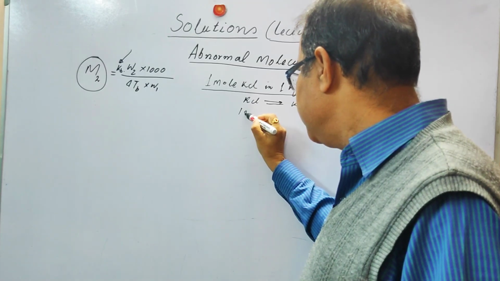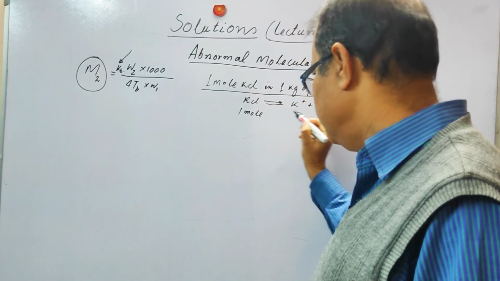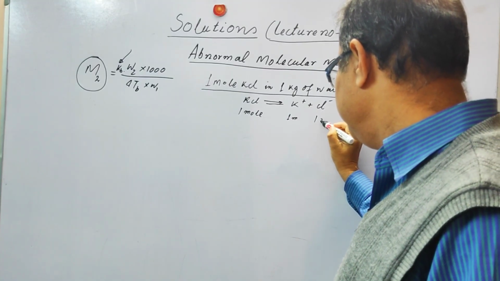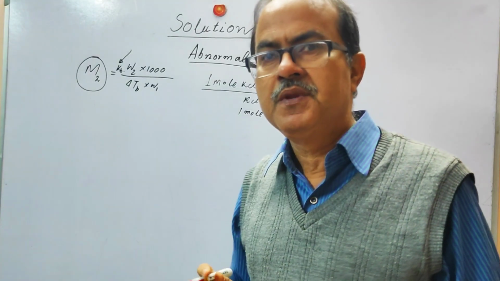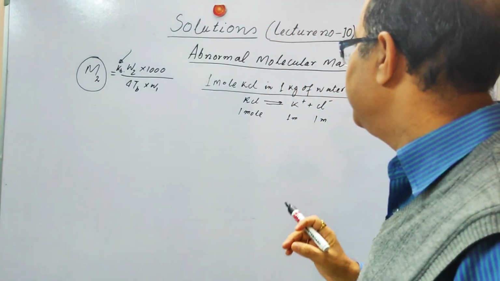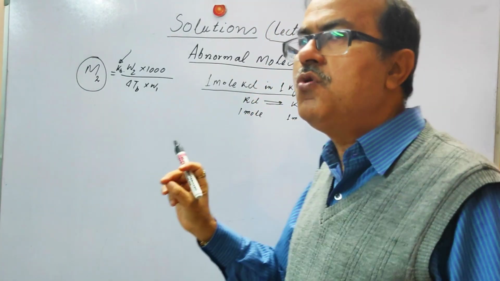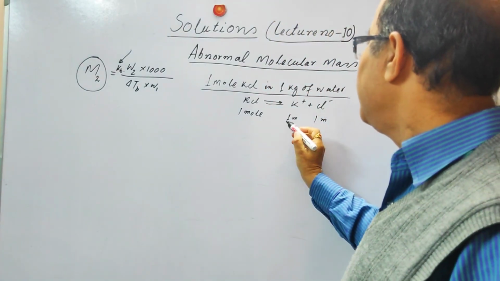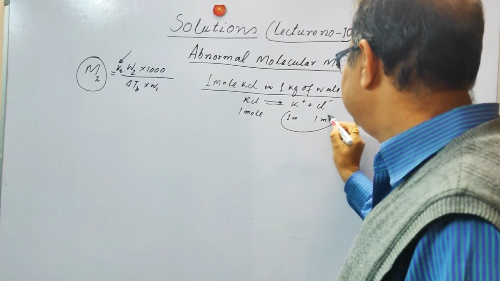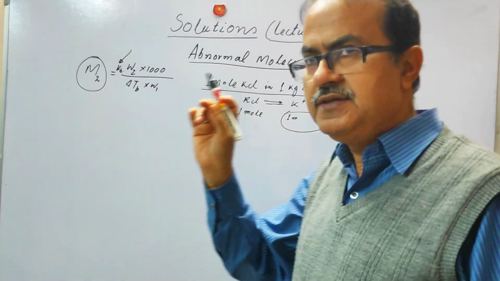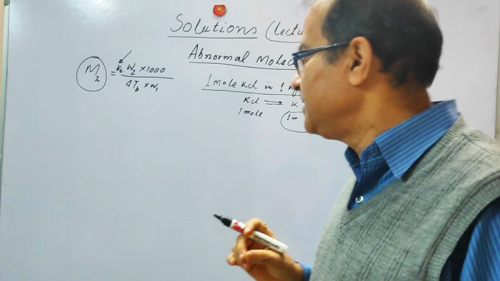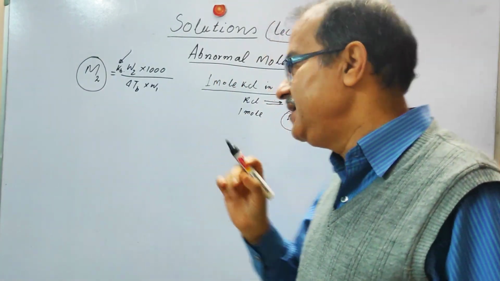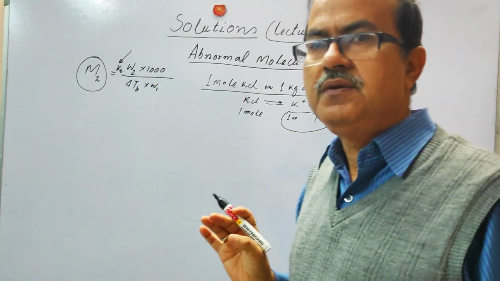So 1 mole of KCl will produce 1 mole of K plus and 1 mole of Cl minus. So in the solution, instead of 1 mole of particles, you will observe 2 moles of particles.